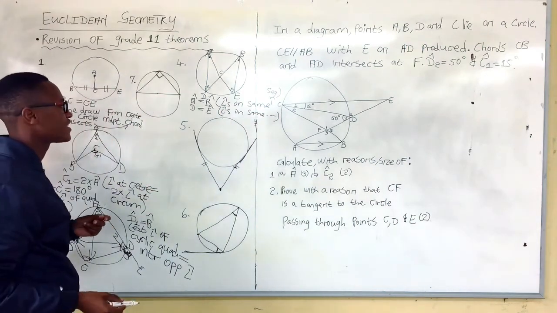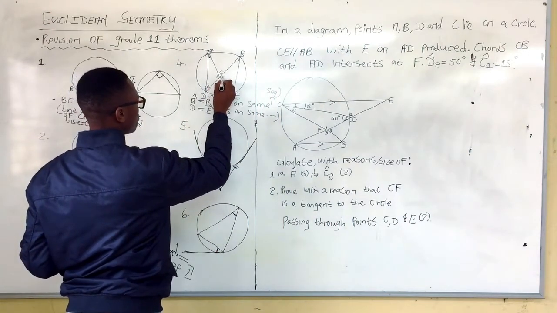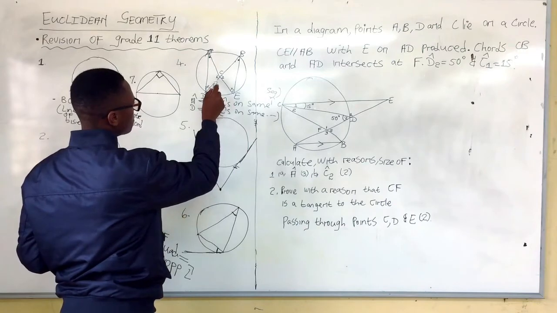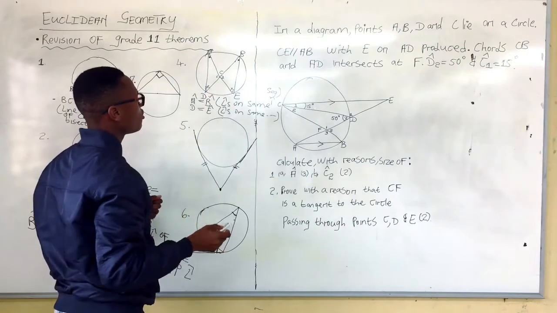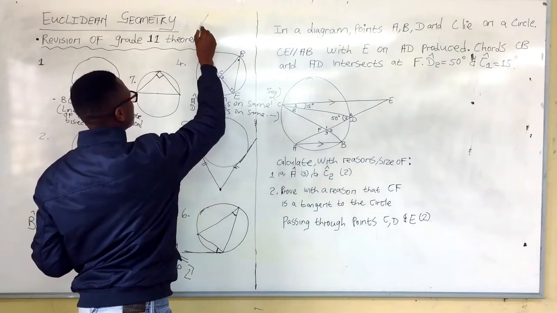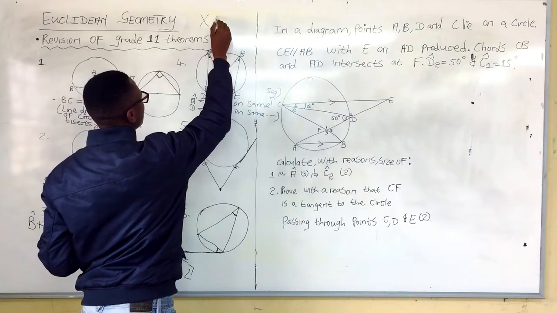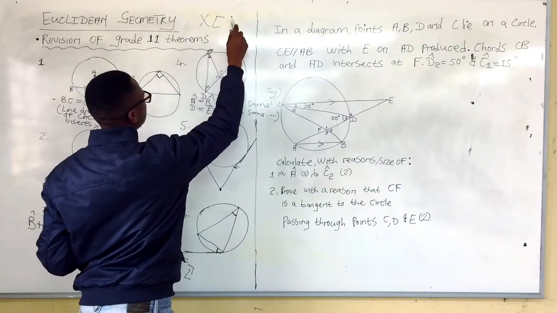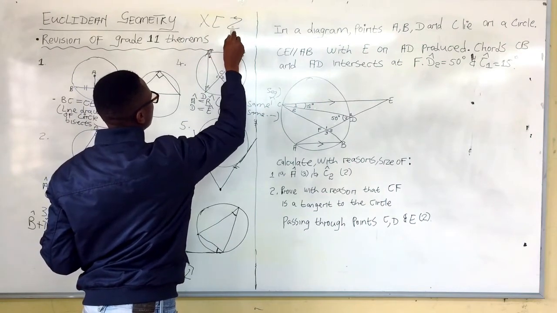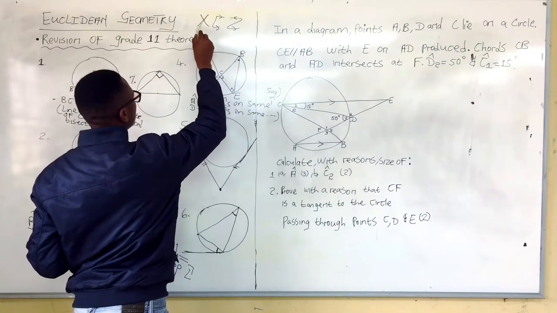Just for interest's sake, we also have this angle, let's say it's C1 and C2. C1 is equal to C2. Why? When you go back to grade 9, we did these types of angles.